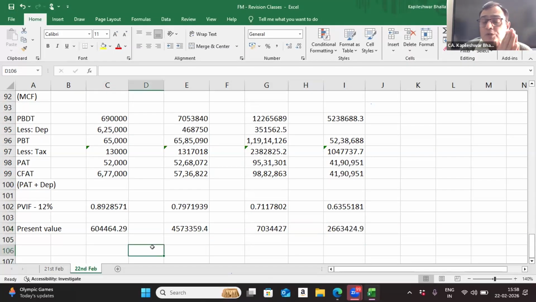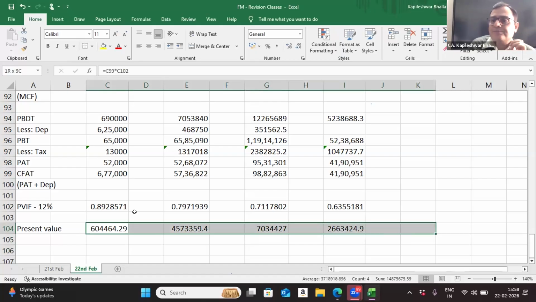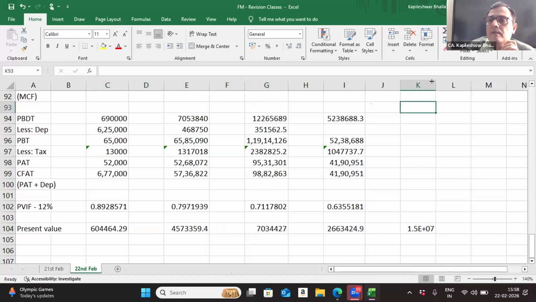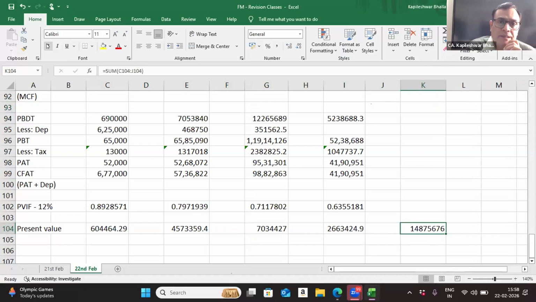And now we can also take the sum total of the present value of the CFATs and organize it as a total. So we'll put this in the NPV statement later. So let me just take the sum total of this. So this gives me the total. Correct. So this is my present value of CFATs done.